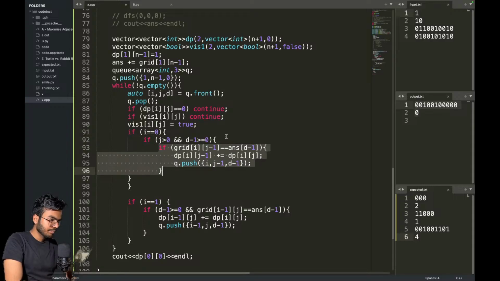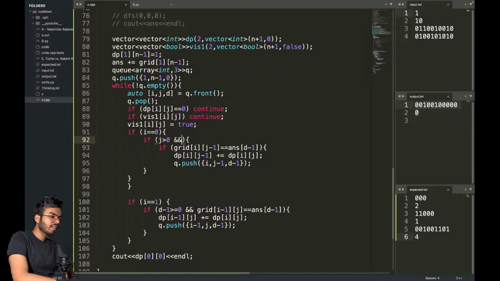What if i equals 0 and d plus 1? Okay, there are some other things that I need to check.